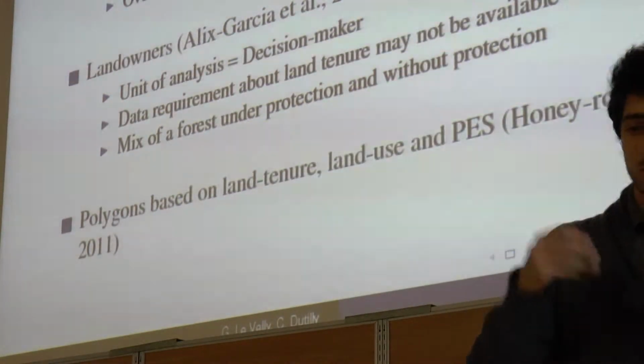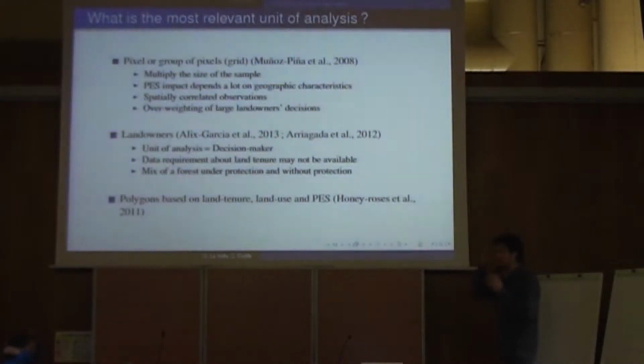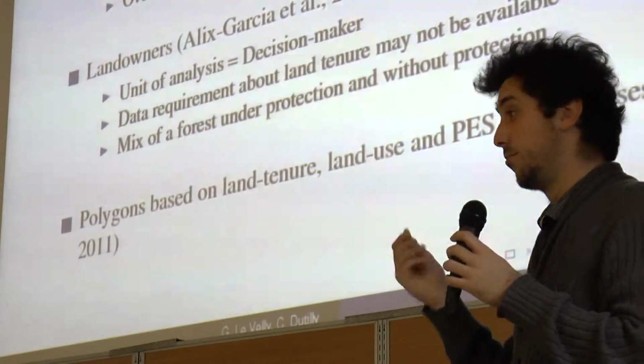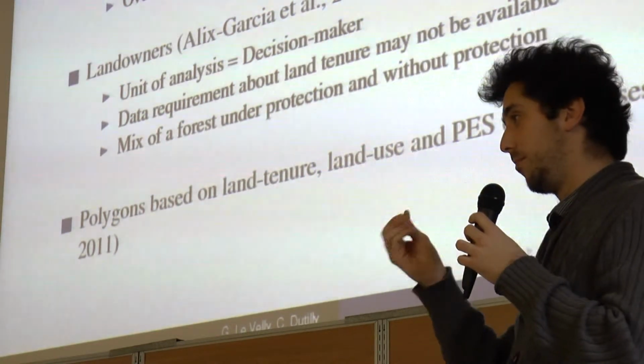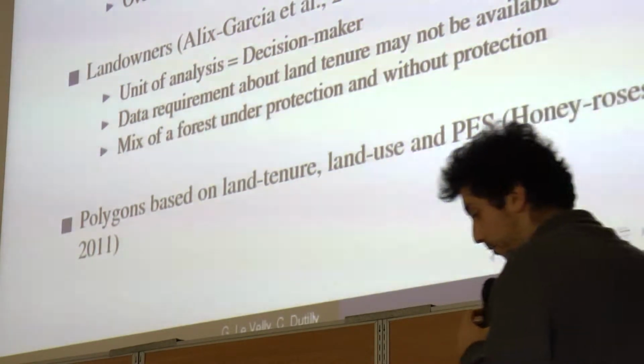And then we come to what we discussed yesterday with Rodrigo Arriagada: should we work at pixel level or at landowner level? Obviously the main advantage when you work at pixel level is that you get a huge sample of observations, so it's good for your statistics. And it's also good because PES impact will depend a lot on, as I said, geographic factors, so it makes sense to have information at pixel level.